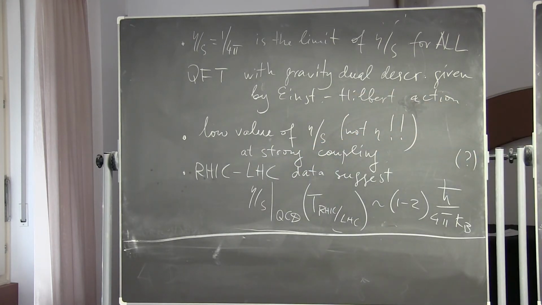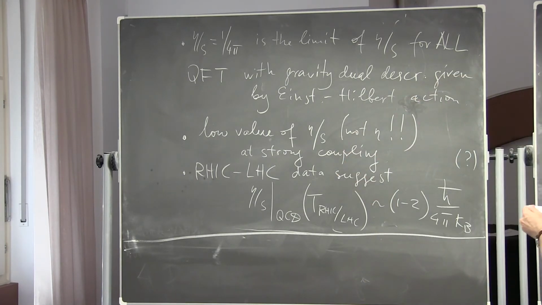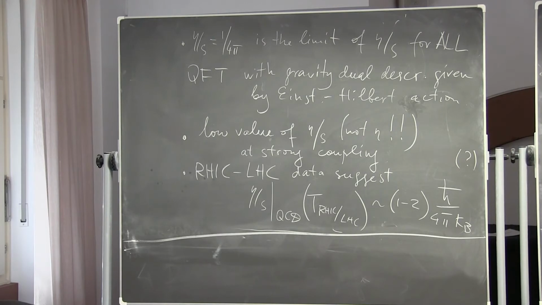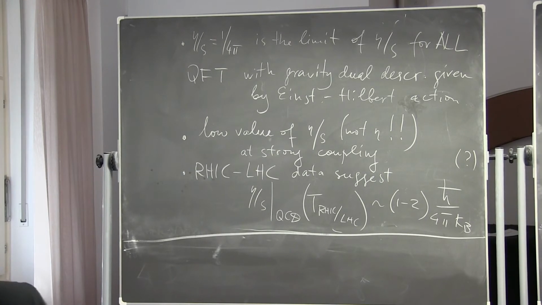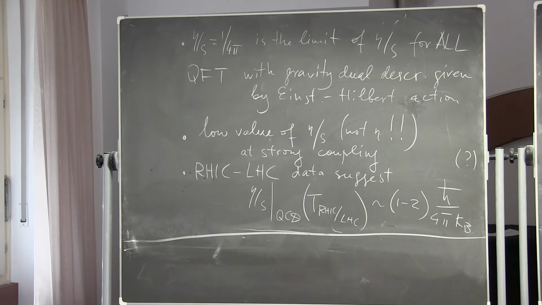Two last remarks before we finish. You may wonder, this method allows us to compute actually any transport coefficients in a strongly interacting theory with a gravity dual. And almost all of them were computed.